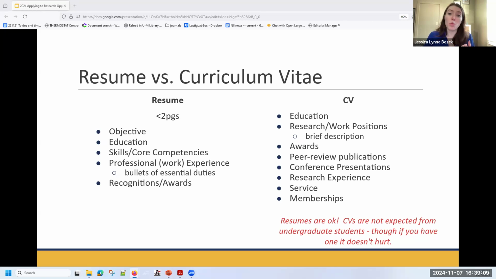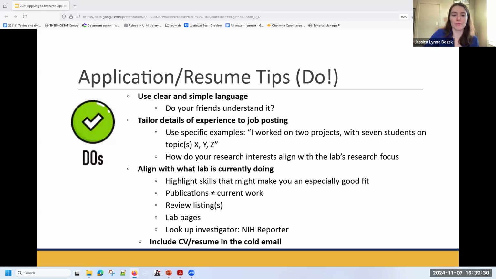You want to highlight any awards you may have received. And then further along in your research career, you would also be involved in things like publications and conferences, service, memberships in research societies. And so those are pieces that as you move further along would be added to the CV.